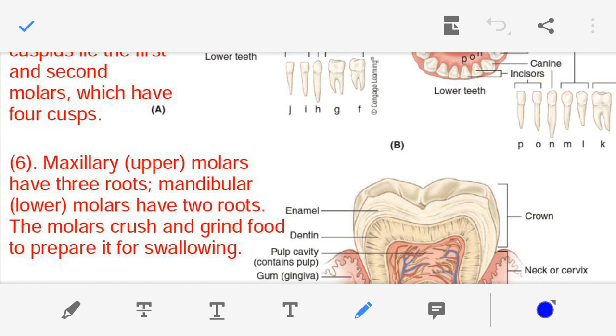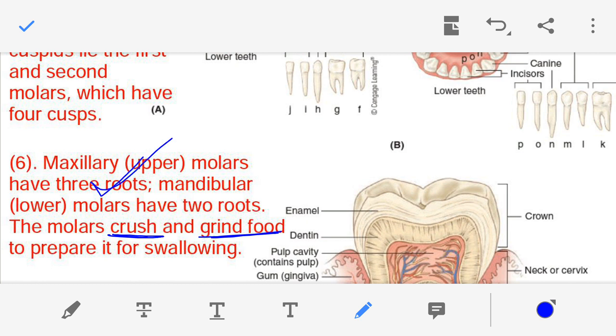Molars are used for crushing and grinding the food. They are the main teeth we use for chewing food. With the help of the molar teeth, the bolus is made, and once the bolus is made and mixed with saliva, we can swallow it.